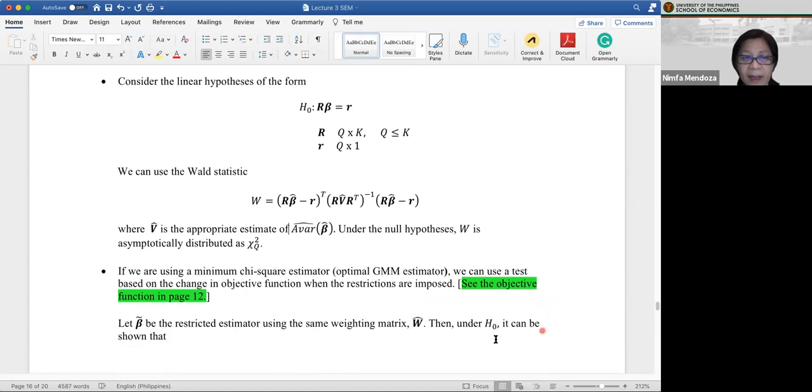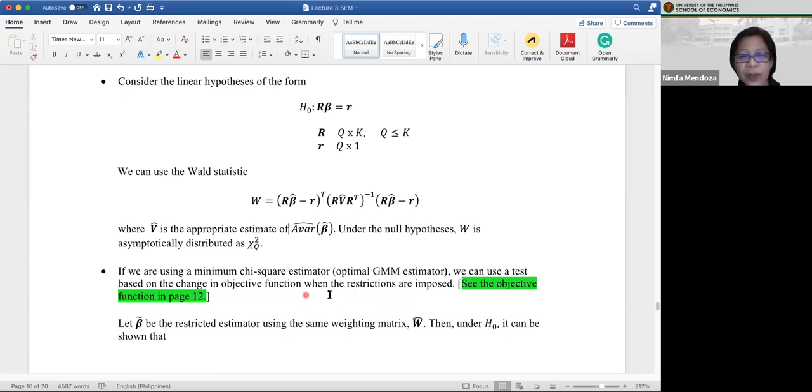If you are using the minimum chi-square estimator or the optimal GMM estimator, we can use a test based on the change in objective function when the restrictions are imposed. Earlier I mentioned the optimization problem. We're minimizing some function, so that is the objective function.